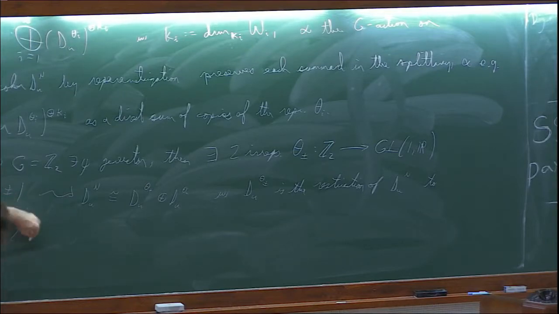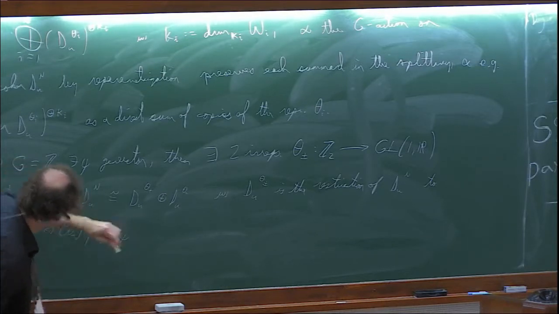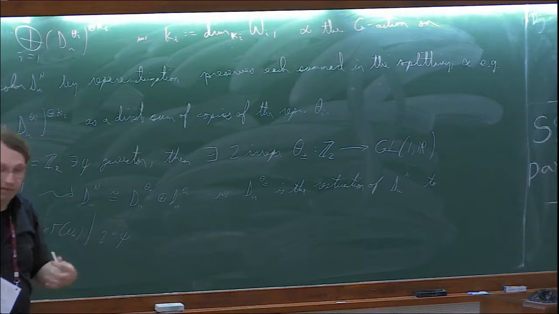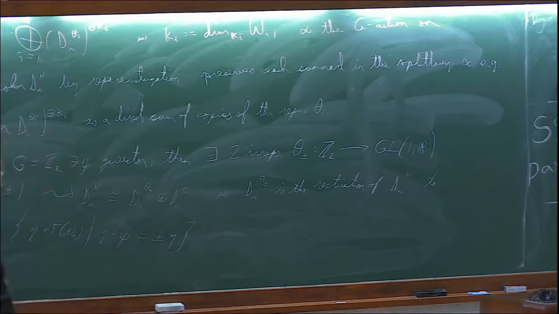In other words, all sections eta of the normal bundle such that when you compose eta with the unique non-trivial deck transformation, you get either plus eta or minus eta. So symmetric or anti-symmetric. That's what this splitting is.